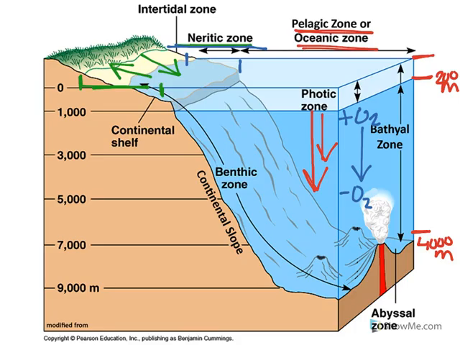So the food chains in this zone are based on either organisms that swim between the photic and the benthic zone, or detritus, so dead matter that's falling. So that's what our food chains are based on in the bathyal zone. And here we start to get some crazier looking critters.